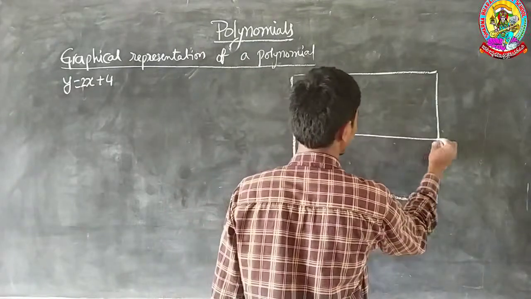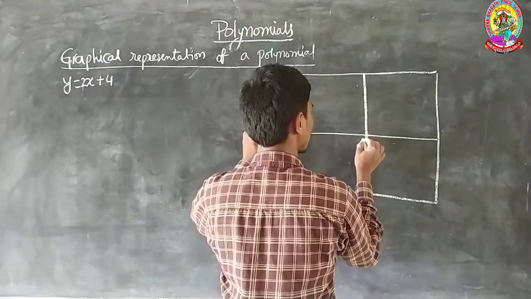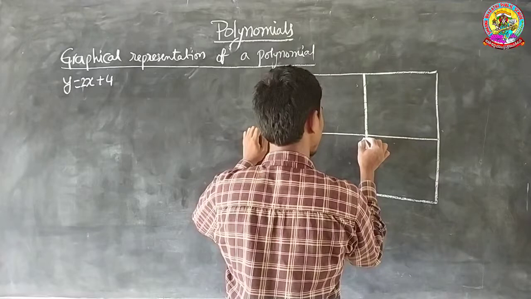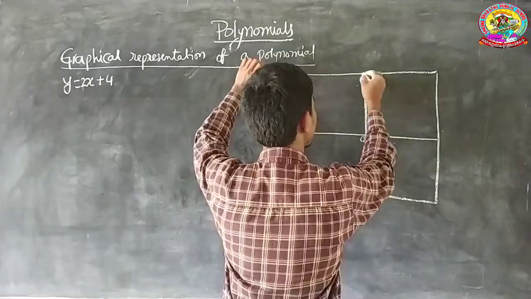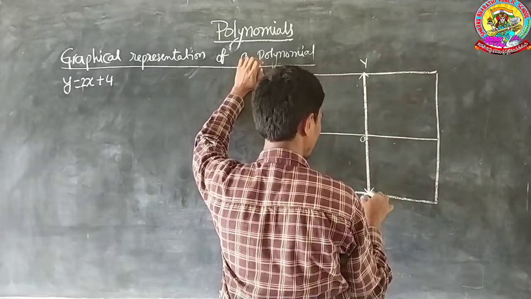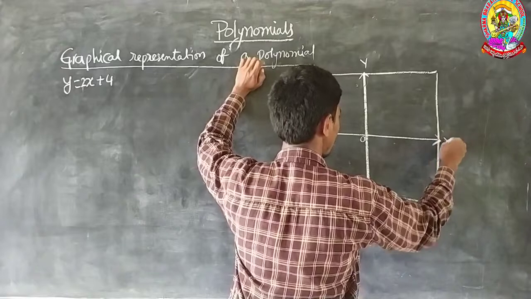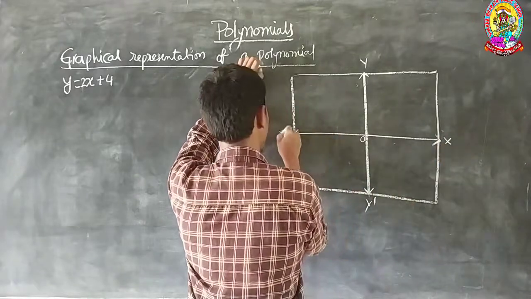Divide this graph sheet into 4 parts or 4 quadrants. The intersection point of the horizontal and vertical lines is taken as 0, and the vertical line's upward part is denoted as y, the downward part is denoted as y dash, the right side part is denoted as x, and the left side part is denoted as x dash.